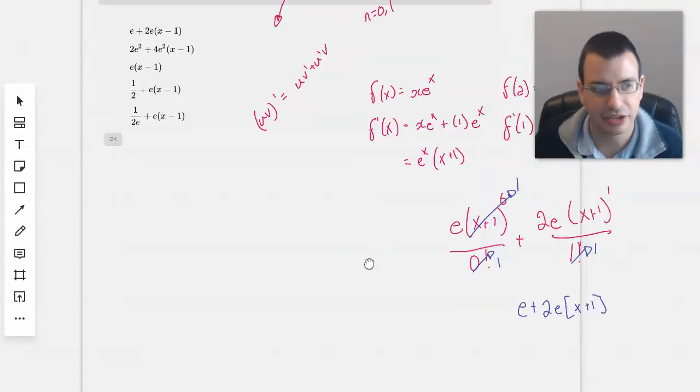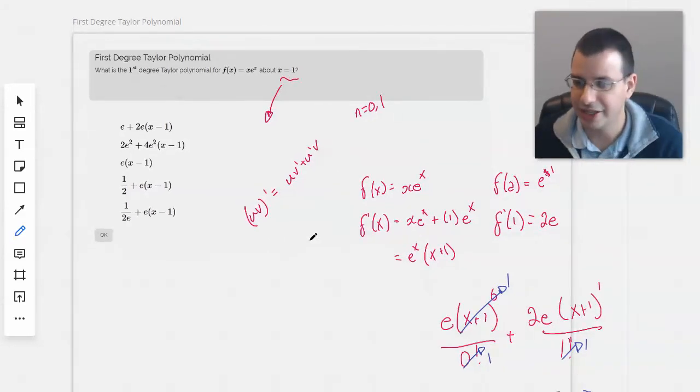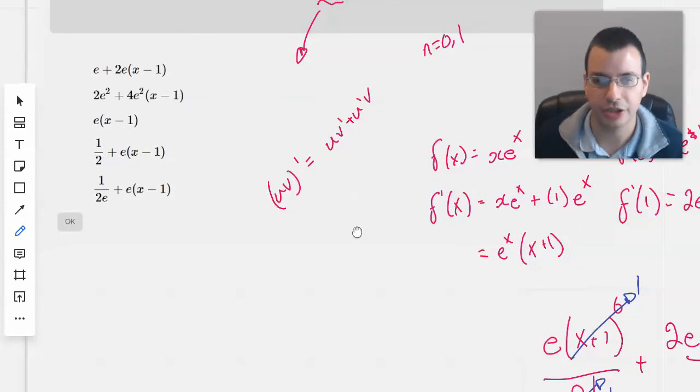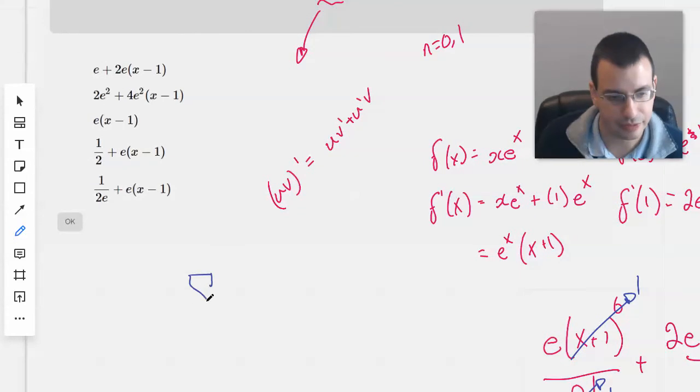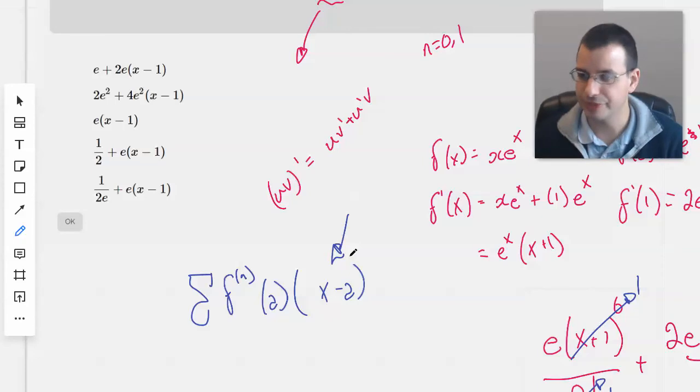Let's see if that's an answer. Minus 1. Yep, it's supposed to be minus 1. I did that part incorrectly. When you do the Taylor series, it's supposed to be f to the nth derivative of a times x minus a, where the about term you do minus.